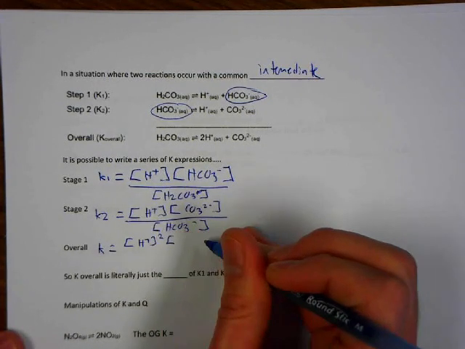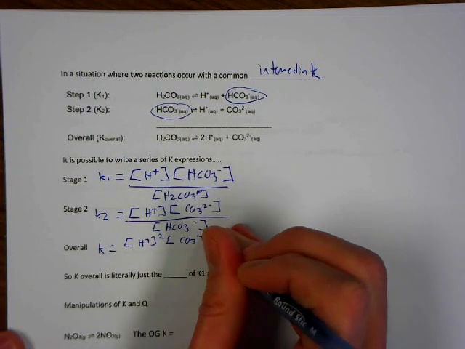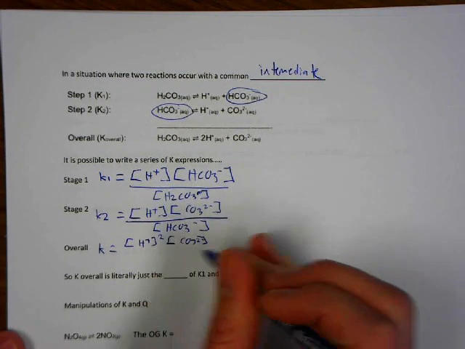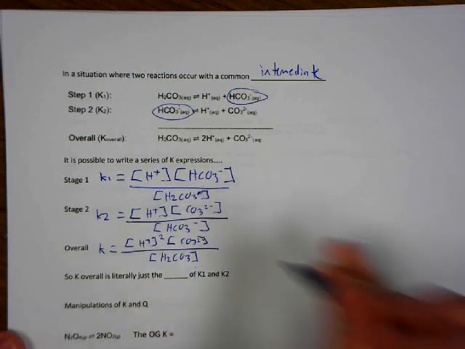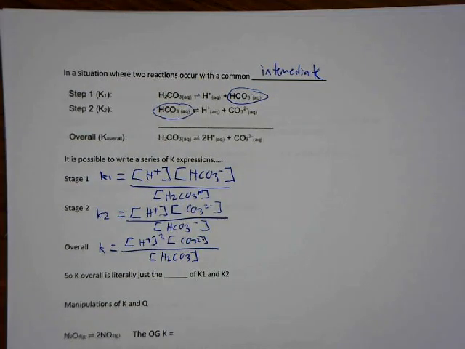So my overall K expression is going to be K equals the concentration of H plus squared times the concentration of CO3 2 minus over the concentration of H2CO3.